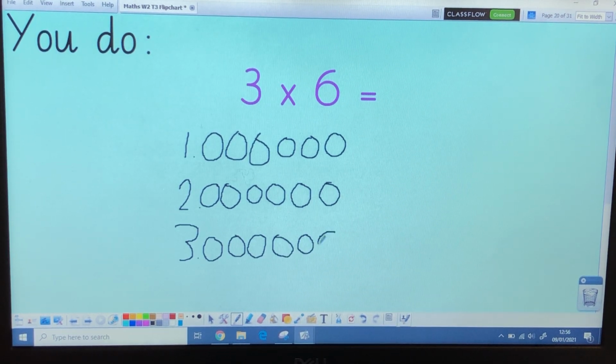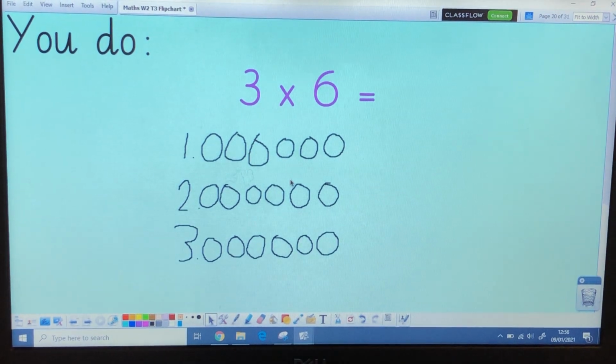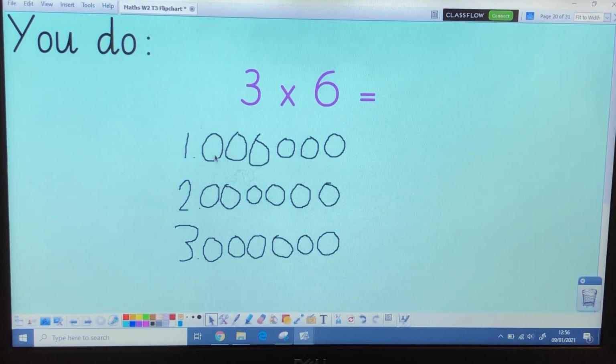Once we've drawn those, we can count the circles up and see what our answer is. Are you ready? 1, 2, 3, 4, 5, 6, 7, 8, 9, 10, 11, 12, 13, 14, 15, 16, 17, 18. So our answer is 18.